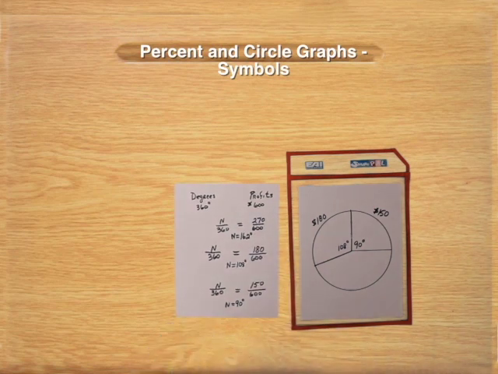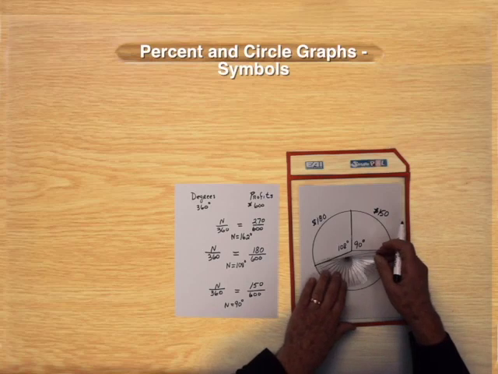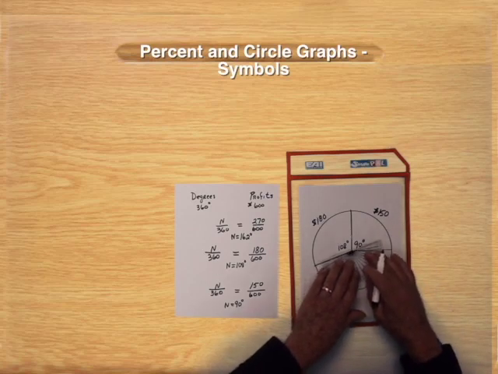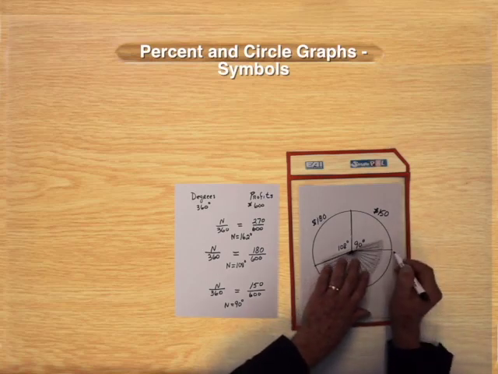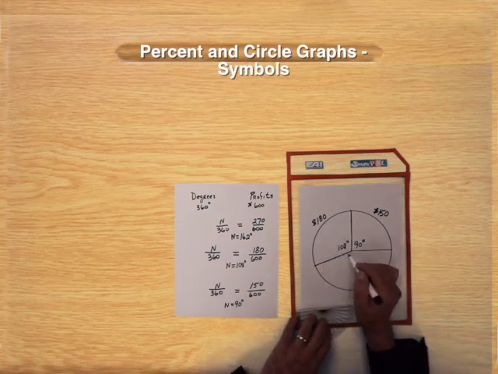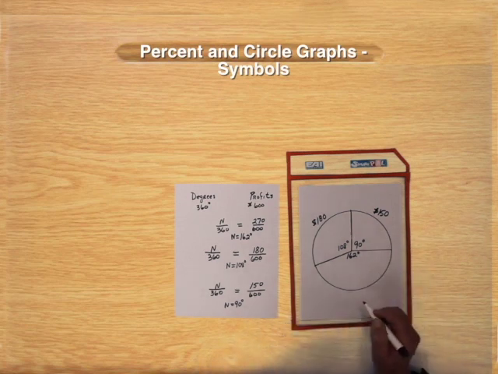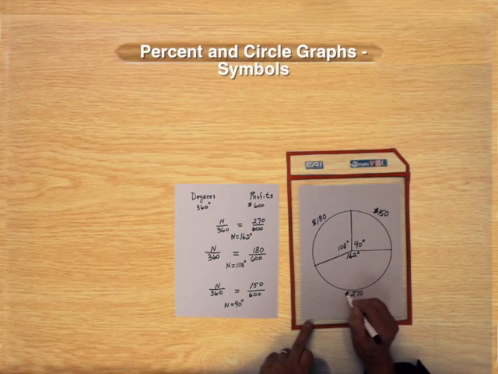So an angle of 162 degrees on the circle graph is going to represent $270 in profits. And when we draw this angle, we find that it ends right there. It intersects the circle there. So this is going to be an angle of 162 degrees and is going to represent $270 in profits.